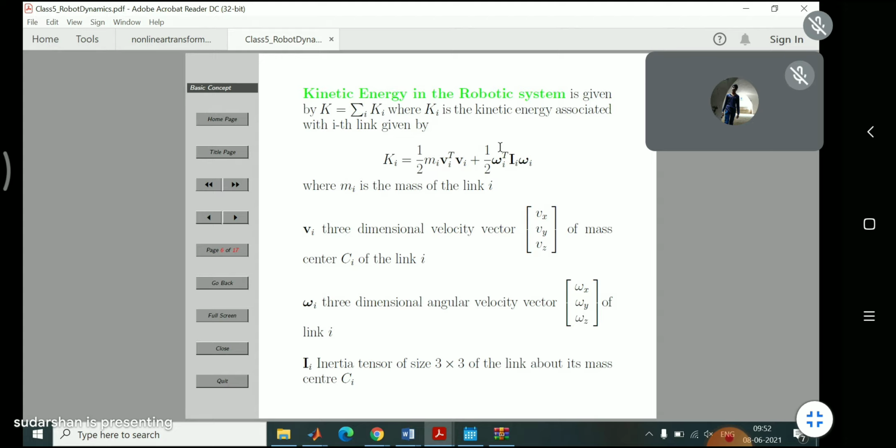In case of the links, the moment of inertia is written as an inertia tensor. It's basically a matrix of size 3 cross 3, about its center of mass. This equation consists of terms involving vectors and matrices, but when you do the calculation, the final result is a scalar quantity. Yes, Ki is a scalar quantity.